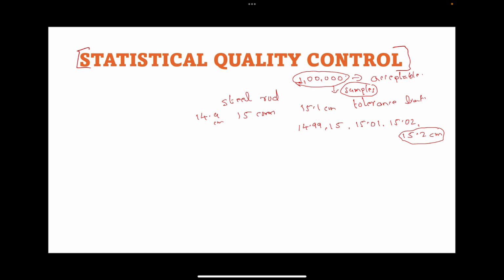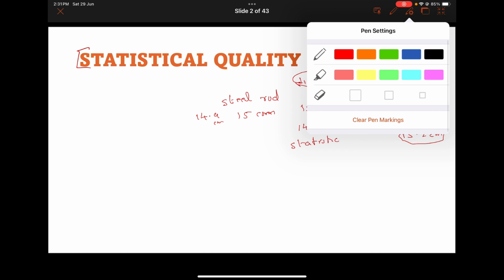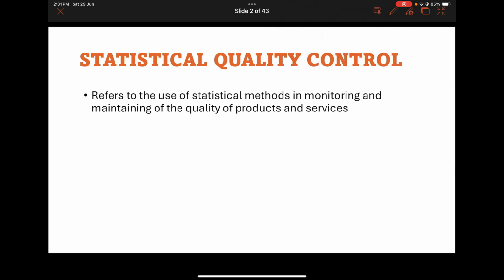So we are making use of statistics to control or measure the quality. That is why this is called statistical quality control. Now let us see the definition. It refers to the use of statistical methods in monitoring and maintaining the quality of products and services.